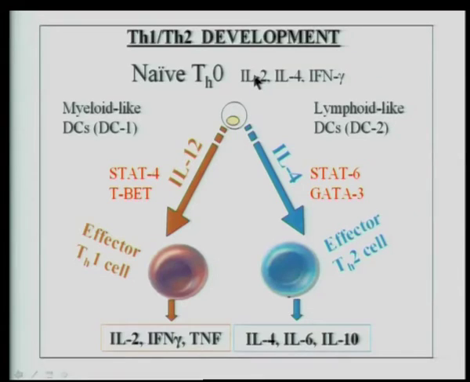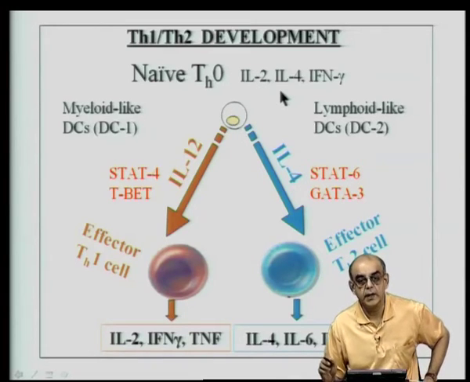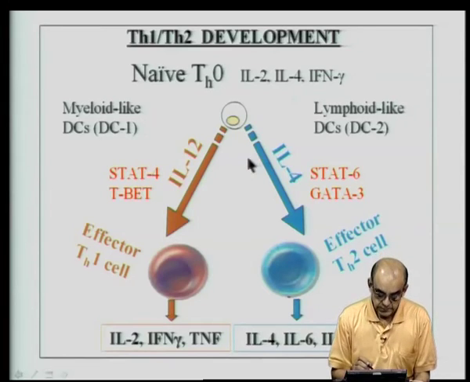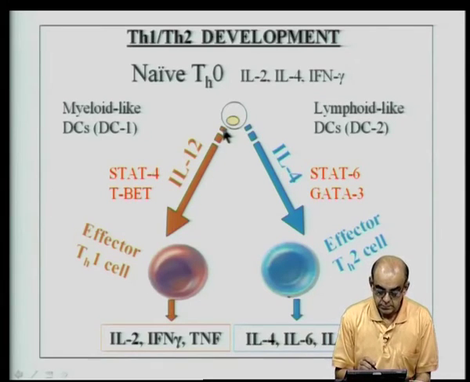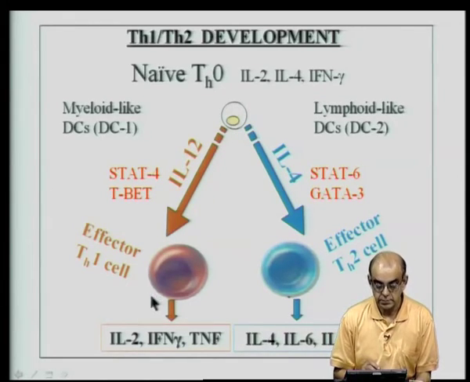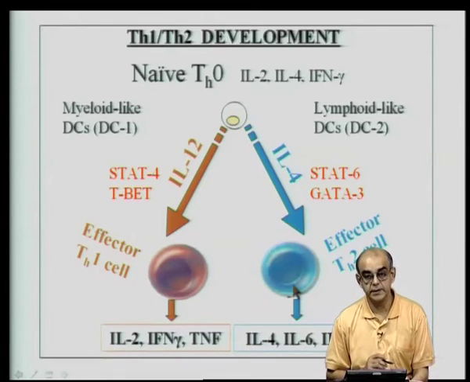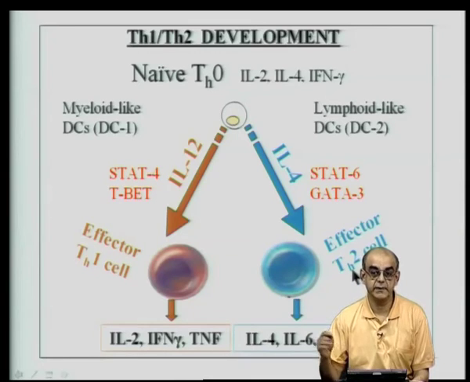So, what is the nature of the regulation of these T helper subsets? You have what you call a naive Th0 cell, which normally would secrete IL-2, IL-4 and gamma interferon, and these are differentiated to form effector T helper 1 or effector T helper 2 cells, which secrete the final lymphokines they have to secrete.